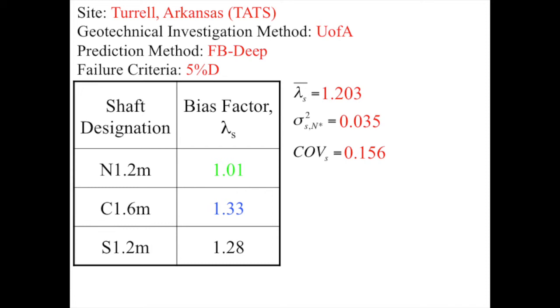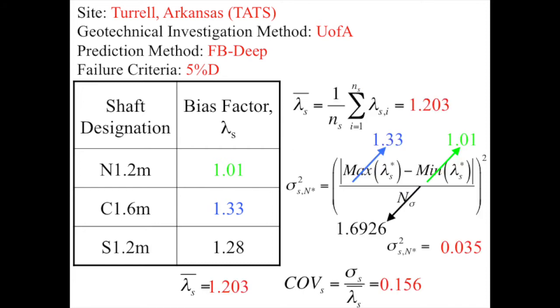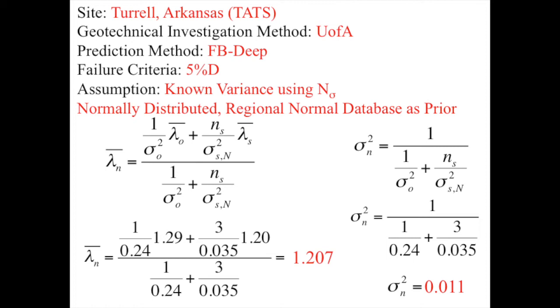The average and variance values of the data, 1.203 and 0.035 respectively, in case 3 were identical to the values from case 1a. The mean and variance of the posterior distribution parameters of 1.207 and 0.011 were then obtained by weighting the data with the data from the Abu-Farsak prior distribution. Mean and variance values of 1.29 and 0.24 were obtained from the Abu-Farsak et al. 2010 paper.